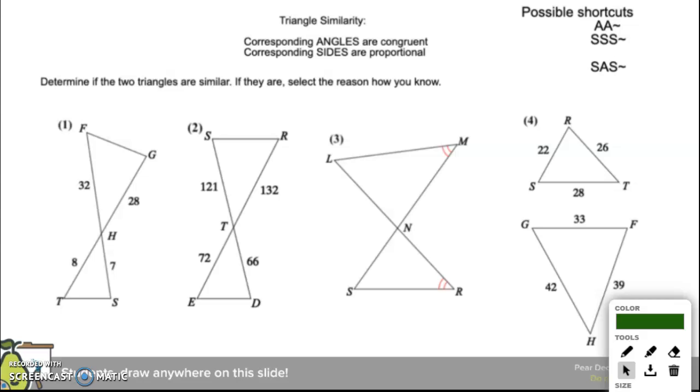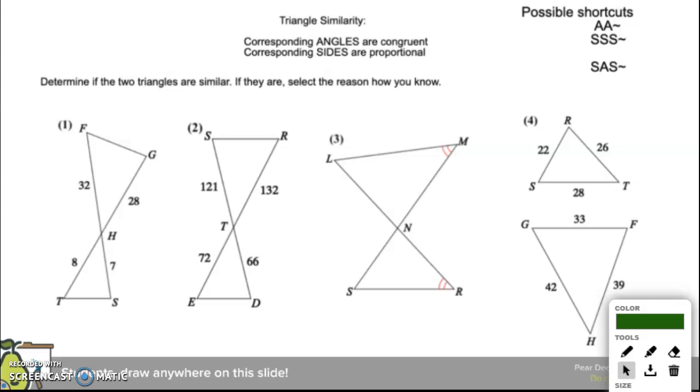Okay, so the possible shortcuts are if you have two corresponding angle pairs that are congruent, or side, side, side, all three sides are proportional, or two sides and the included angle. Two sides are proportional and the included angle is congruent.